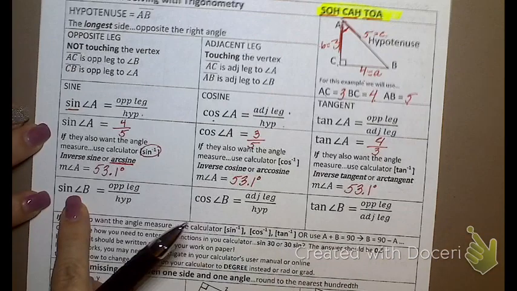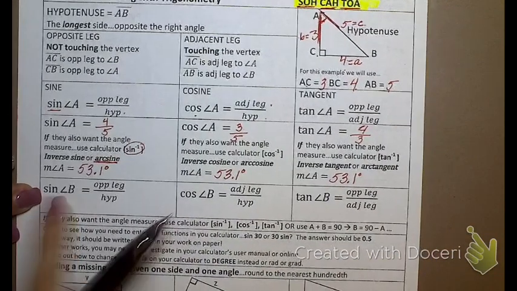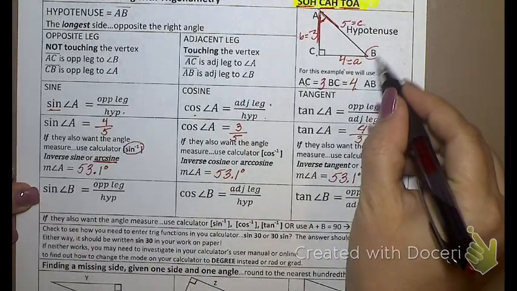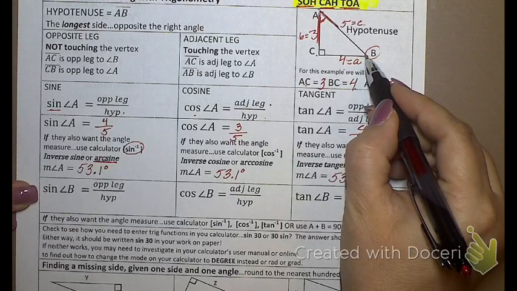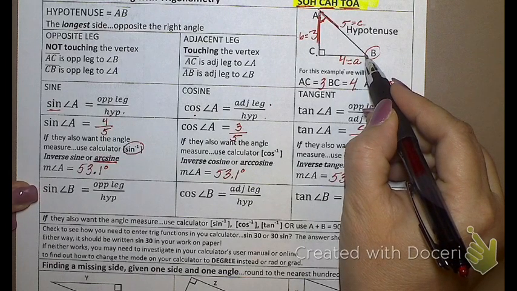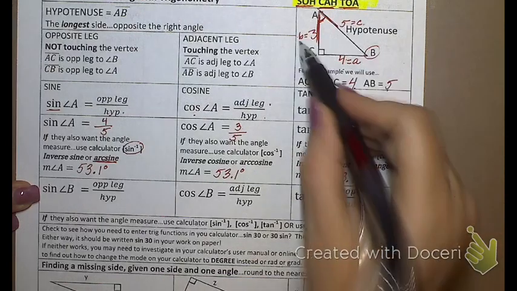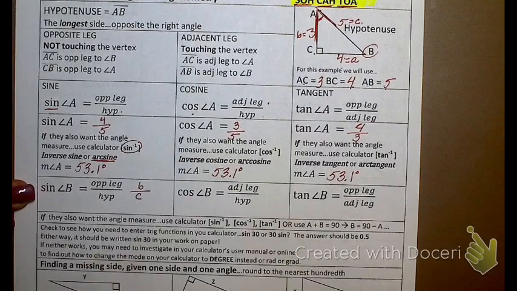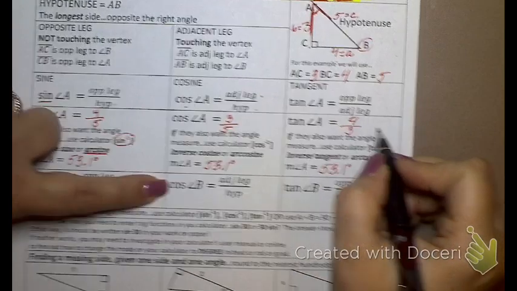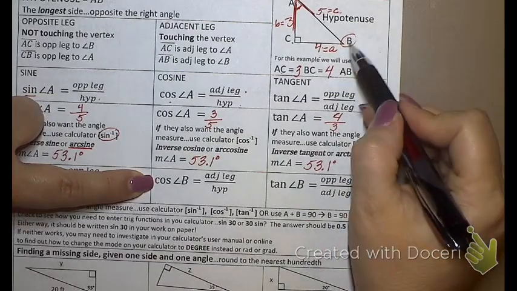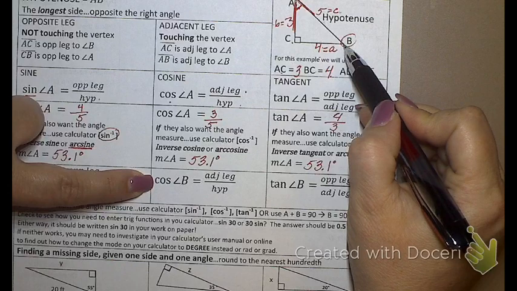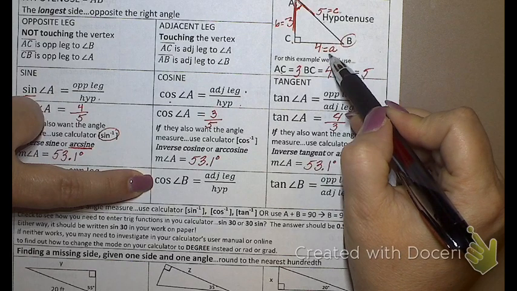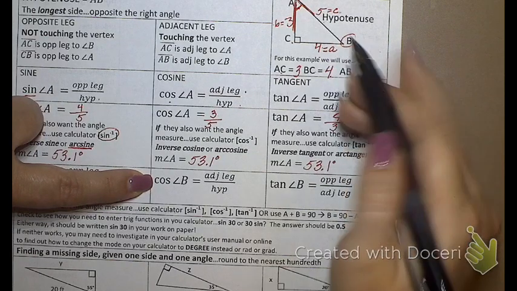So if I wanted to find the sine of angle B this time, if this is angle B, what is the side opposite? Give it to me as a letter. Little b over the hypotenuse is little c. What if I wanted to find cosine B? What's adjacent? Little a, 4, right?